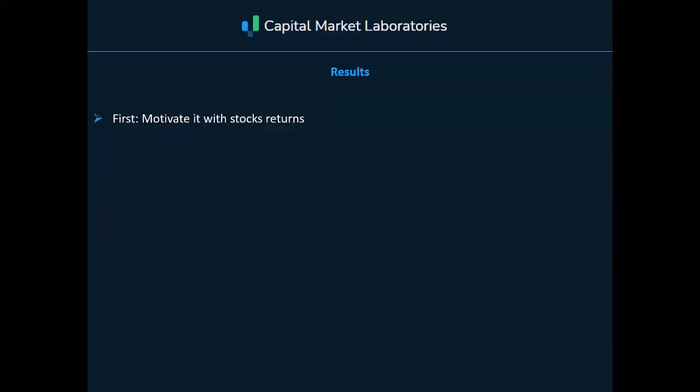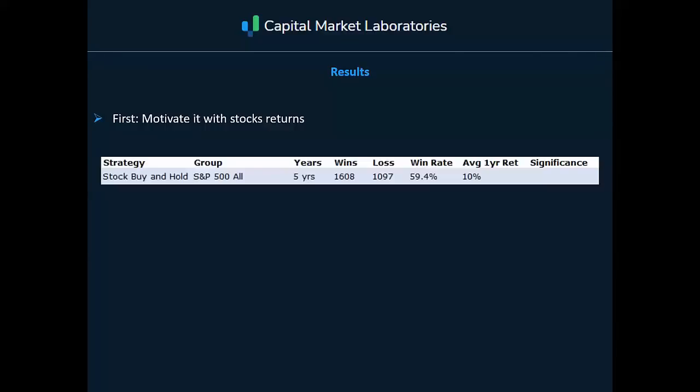Let's motivate it with stock returns. This is the beginning of results. If we took the constituents of the S&P 500 in 2018, right? We know what they are 5 years on. So I looked at the constituents of the S&P 500 on Jan 2nd of 2018. I didn't do anything.